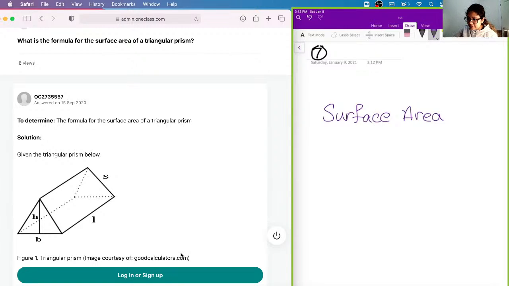You can see we have a base, a height, a length, and a side length. Okay.